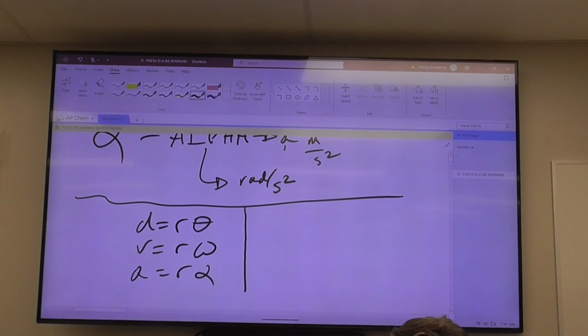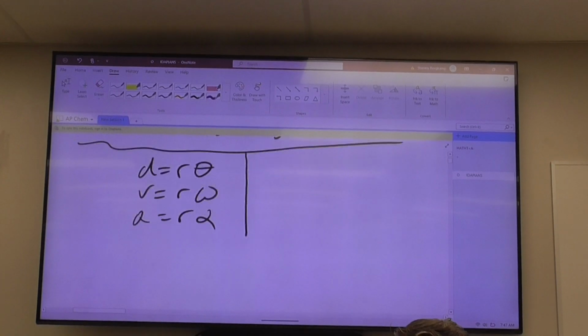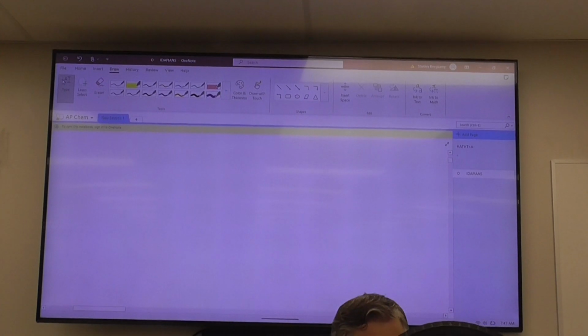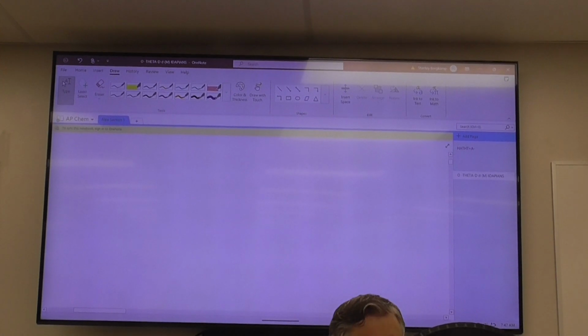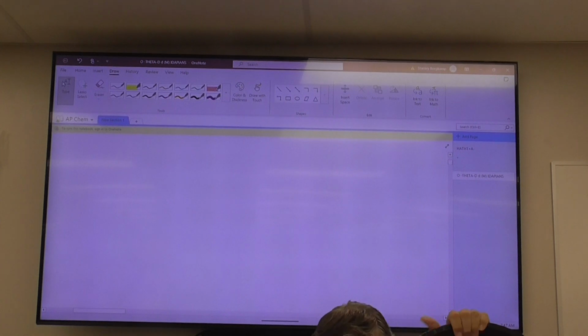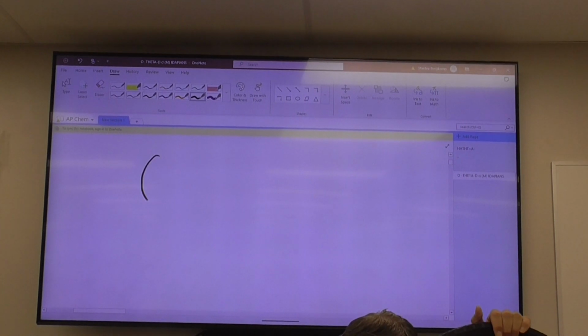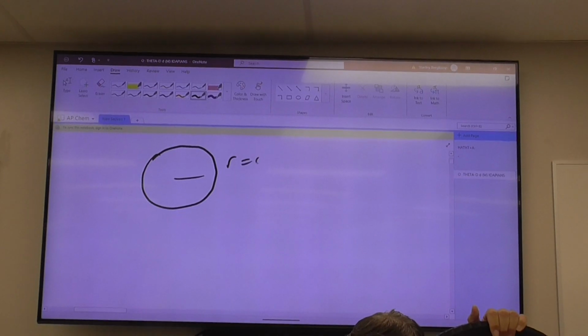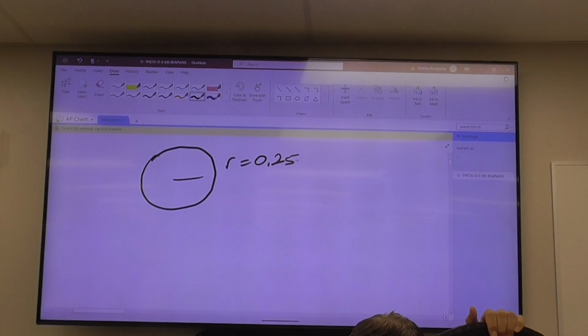So here's the story. We're going to back up and act like none of this exists. The diameter of this wheel is 0.5, which makes the radius 0.25. So here's our wheel. It has a radius of 0.25 meters.